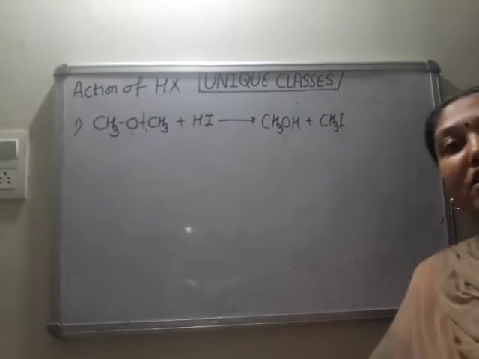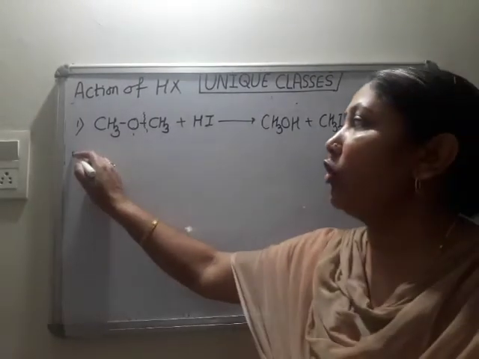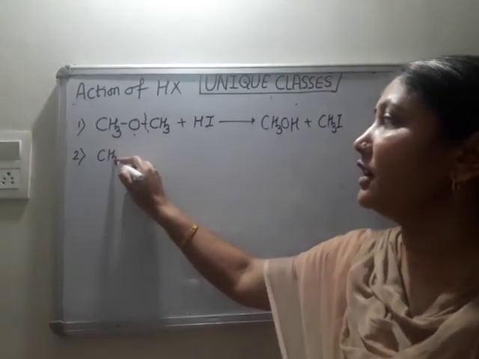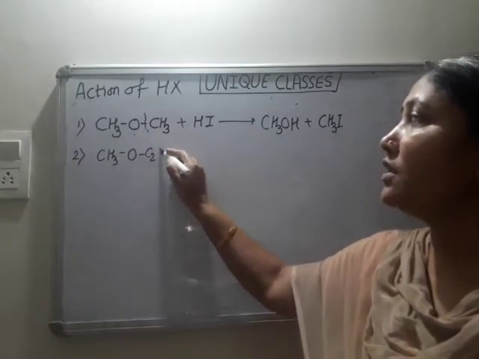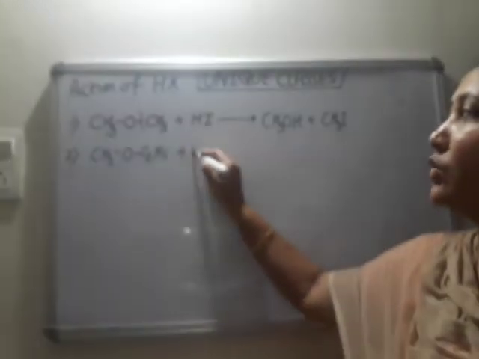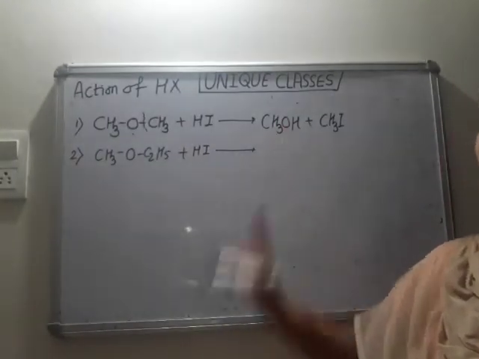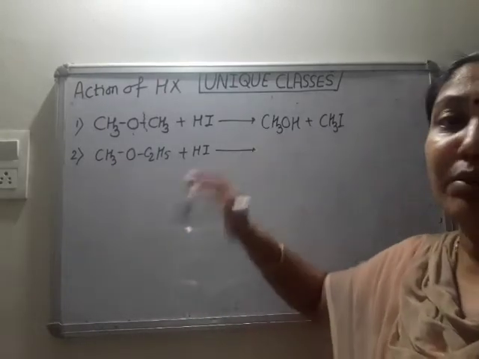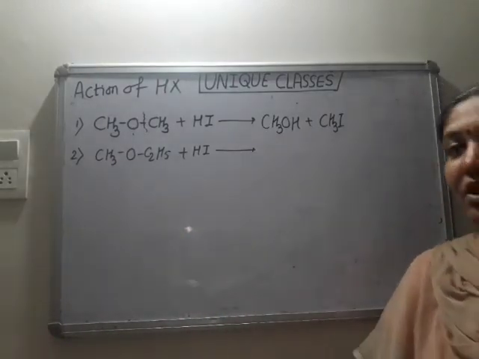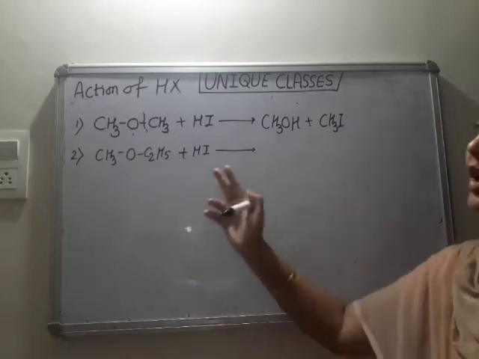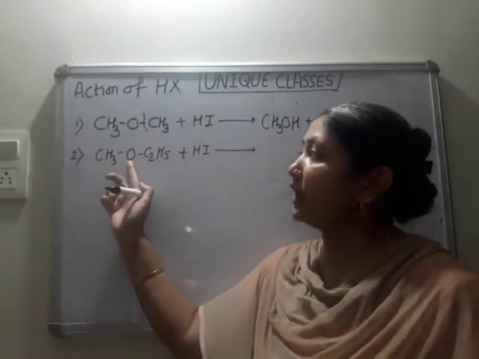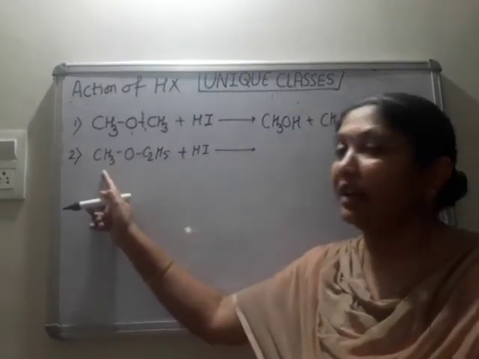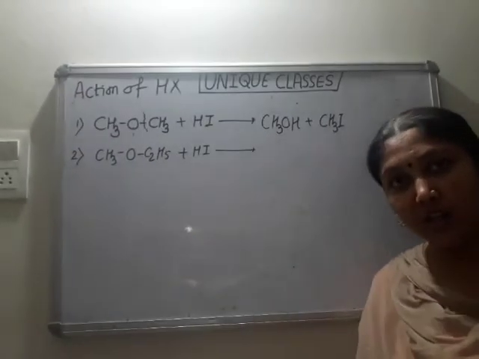Now the second condition, with mixed ether. What happens in case of mixed ether? See, this is CH3OC2H5. It reacts with HI, cold condition. Nothing is written on the arrow, it means it's cold condition. And if you write heat, it means higher temperature or hot HX. Now here two different groups are attached to this oxygen. One group is methyl and the other group is ethyl.